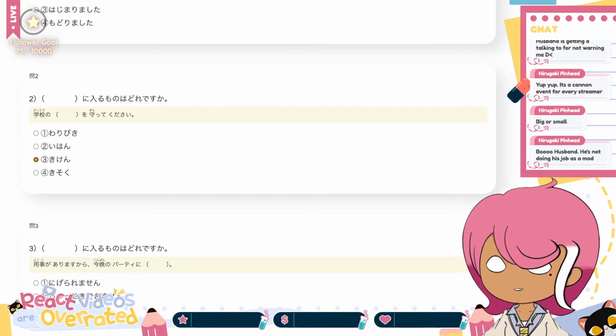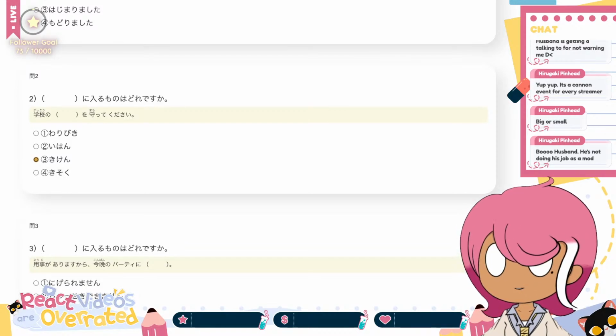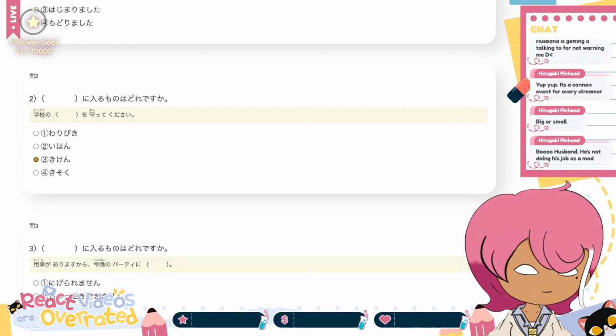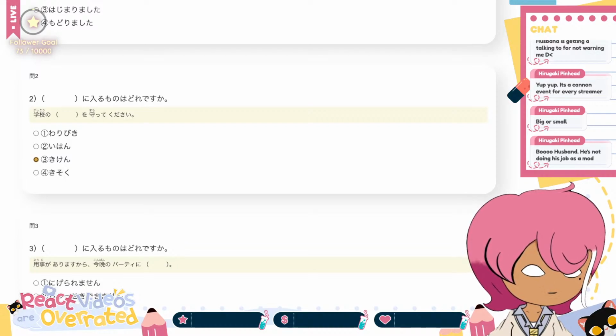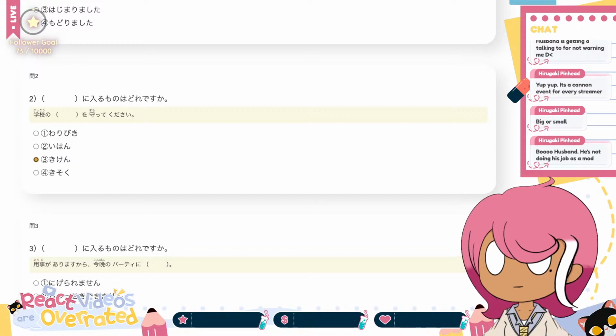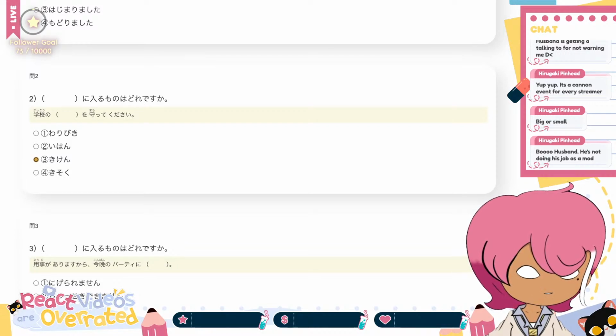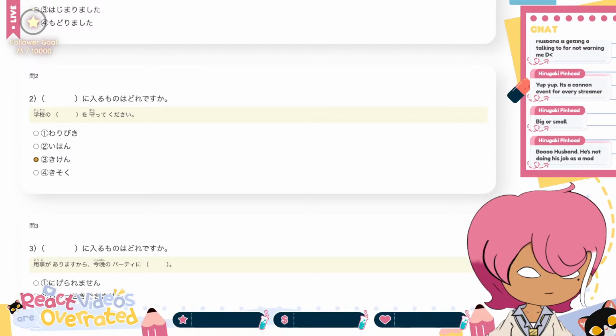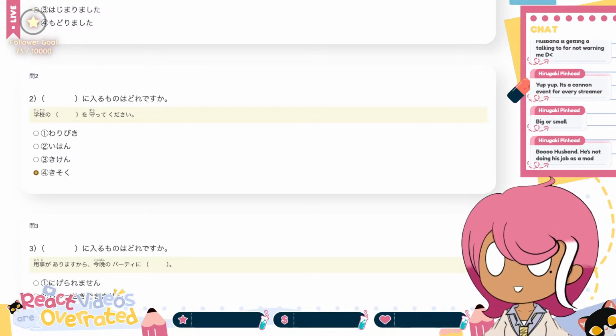Because that's discount. 違反。It's 違反。Violation. What? 守ってください。Protect. 規則。Rules. Protect the rules. That's probably right.